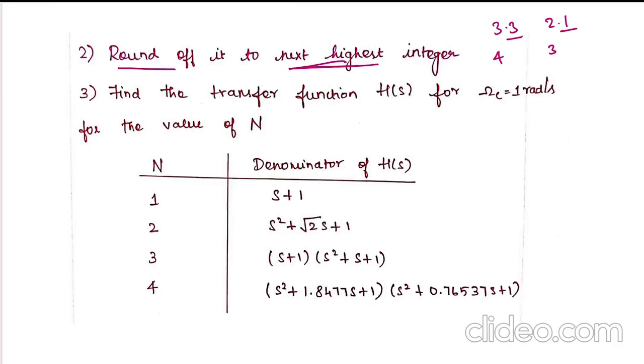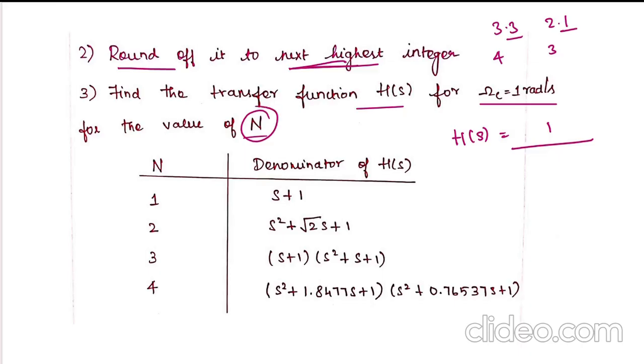And coming to the third step, we will be finding the transfer function H of s for omega c equal to 1 radian per second for the value of n. So H of s is the transfer function. The numerator for this transfer function is constant, that is 1. The denominator will vary based on the order we have calculated.